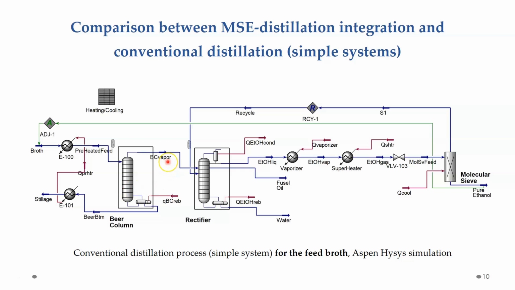The resulting vapor, containing 42 to 50% ethanol, then enters the rectifier for further ethanol concentration. And lastly, the resulting distillate, containing about 91% ethanol, is dehydrated with molecular sieve.